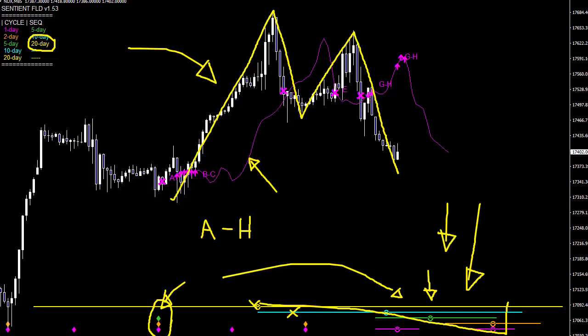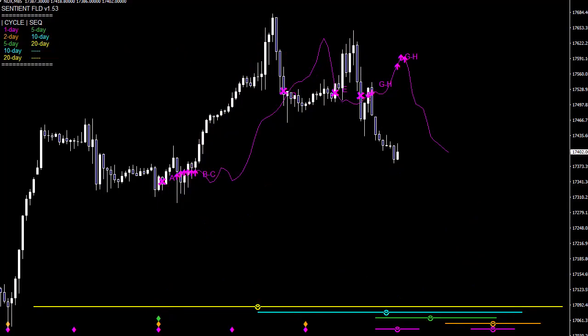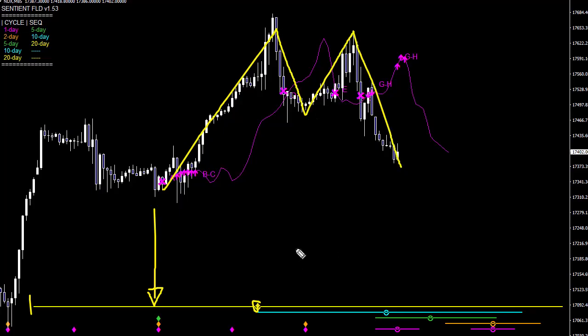If this yellow cycle trough, and let me just remove those markings, in fact occurred over here, and you can see it is possible because here we have an extended whisker showing that it is possible that that trough did occur there, then we would expect this to be a bullish M shape. I think that is fairly obvious.